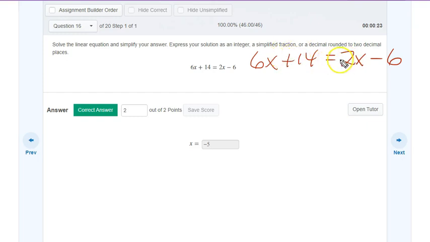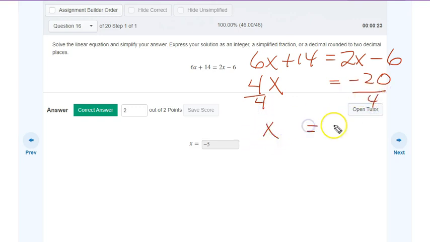So on this side it's going to be a negative 2x, so this becomes 4x. Transpose that to this side, it becomes a negative 14, and a negative 6 gives me a negative 20. I'm going to divide both sides by 4. I get x equals a negative 5.